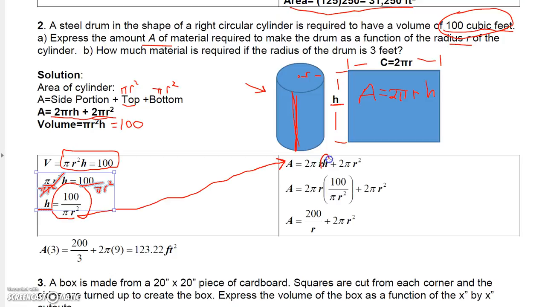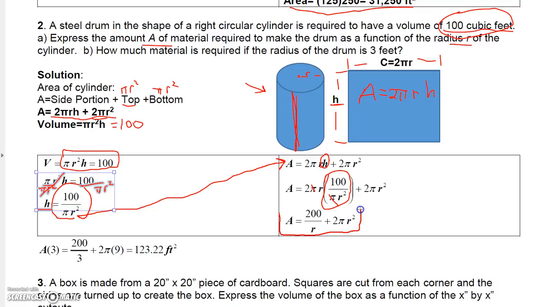If I multiply 2 pi r times this, 2 pi times 100 is 200. And then r over r squared gives me r in the bottom, and then the pi's are going to cancel. So I just get 200 over r, plus 2 pi r squared.